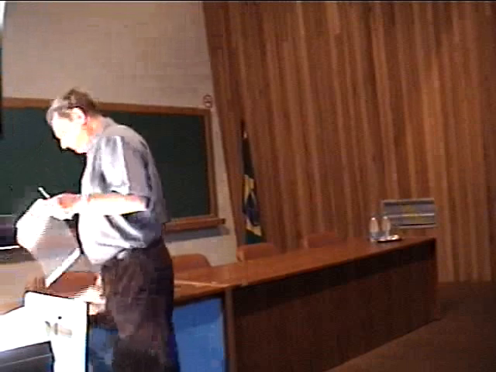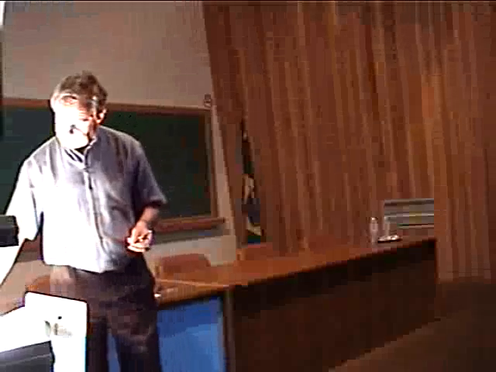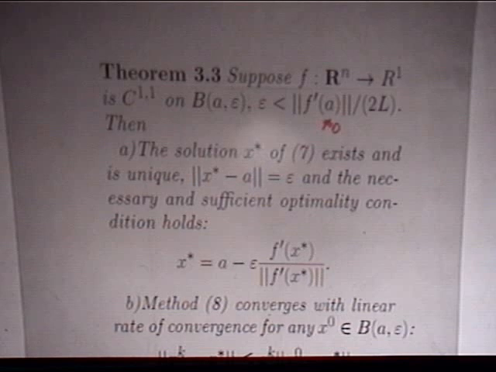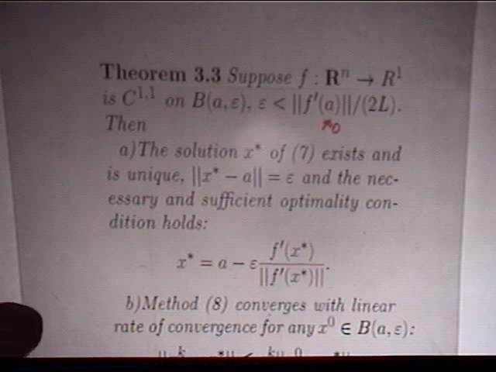So the result is that for this particular case, this method converges to a solution, and it globally converges. Actually, it's a local problem on this small ball, but nevertheless, we don't assume convexity of our objective function, and we still have global convergence, and it is true if epsilon is small enough.